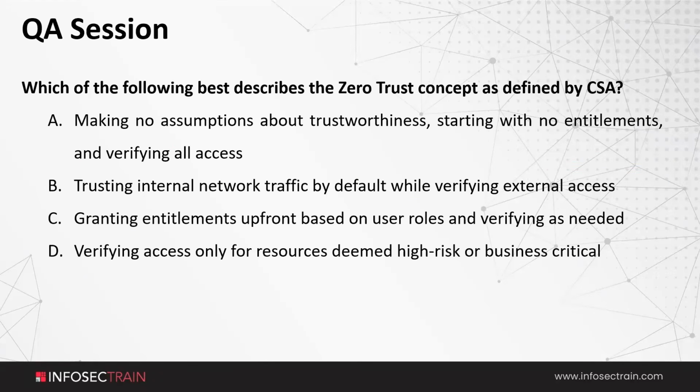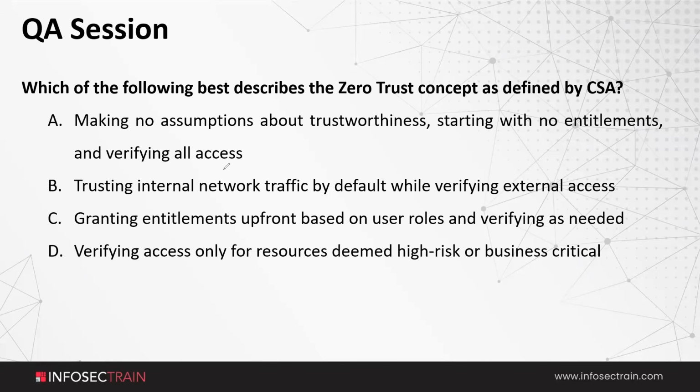Which of the following best describes the zero trust concept as defined by the CSA? So, when you go for zero trust, the first foundation principle is: never trust, always verify. That means making no assumptions about trustworthiness, regardless of whether the user is inside the network or outside the network.